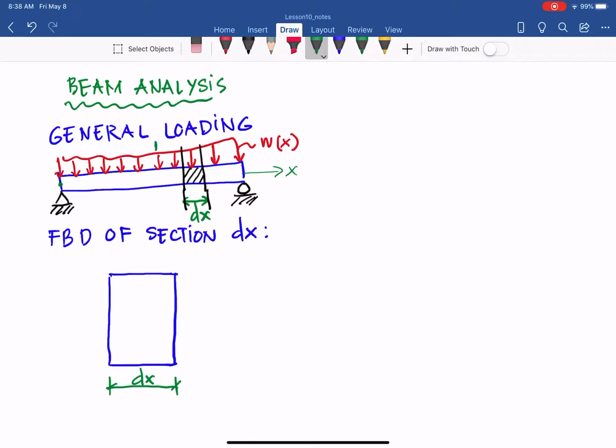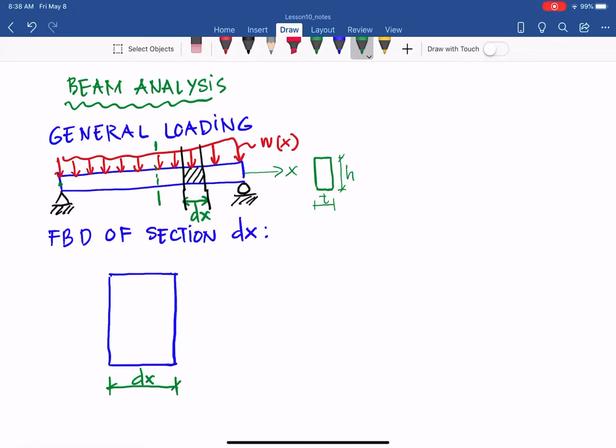If I cut the beam here, then let's assume that the cross section is a rectangle, with thickness T and height H, for the cross section of the member, like you do in beam design.